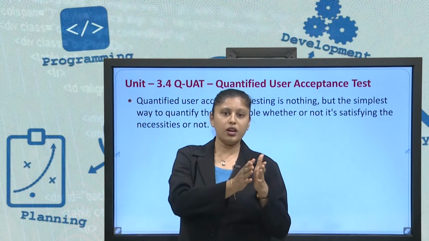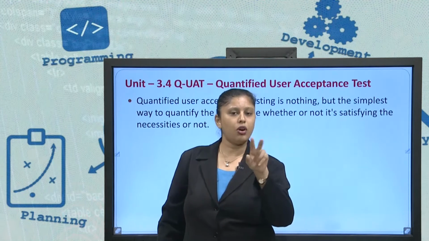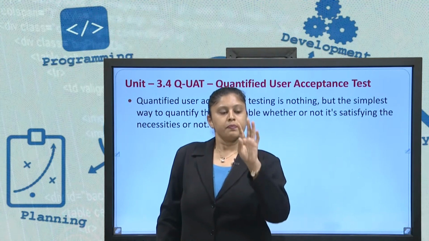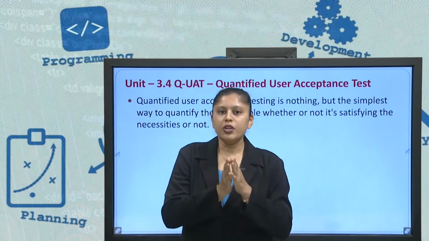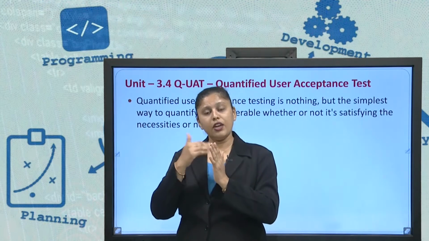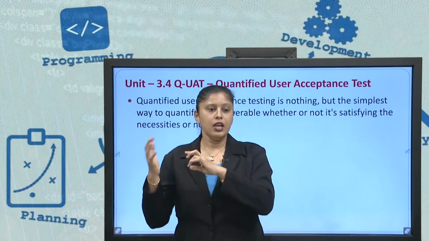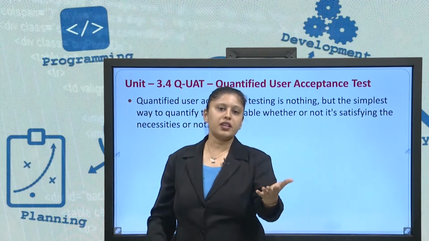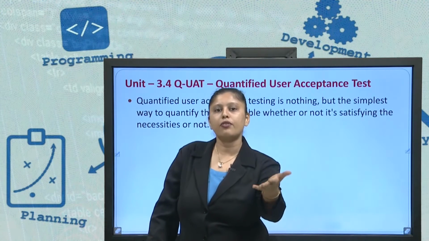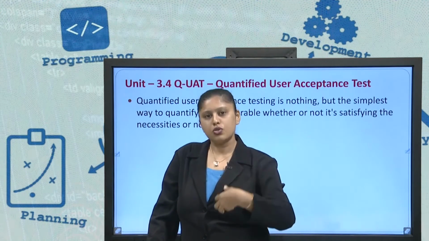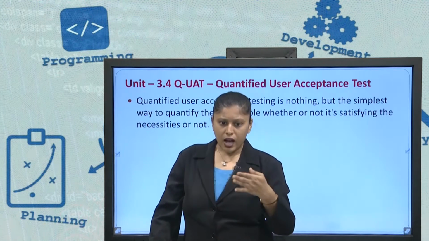So they are lagging behind by 2 or 3 marks. It says that the quantified user acceptance testing, that is the quantity of my teacher's expectation, was not meeting the deliverables from the users, that is my students. So that is how it checks.